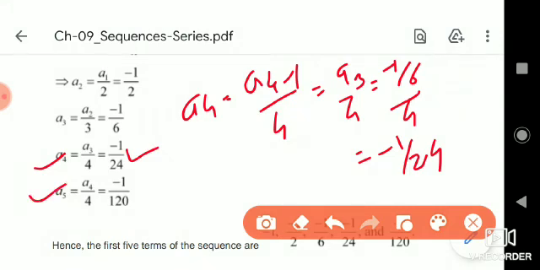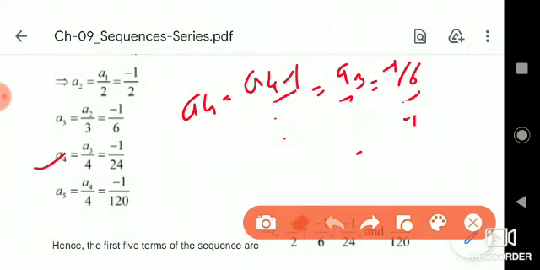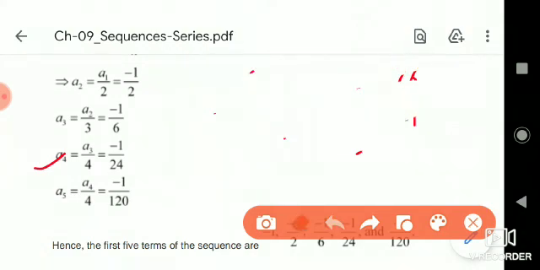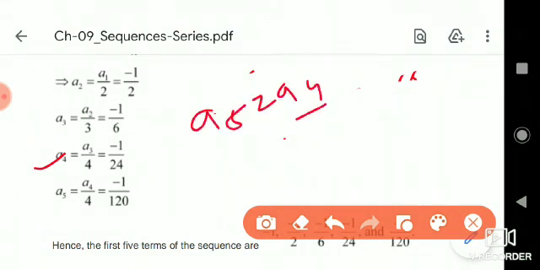Similarly, the last term of the given sequence is a5 = a(5-1)/5, that is a4 divided by 5.